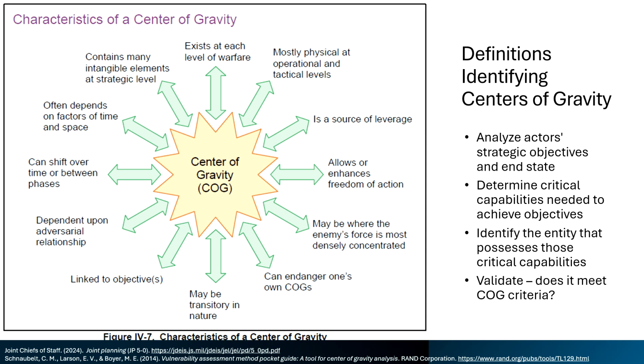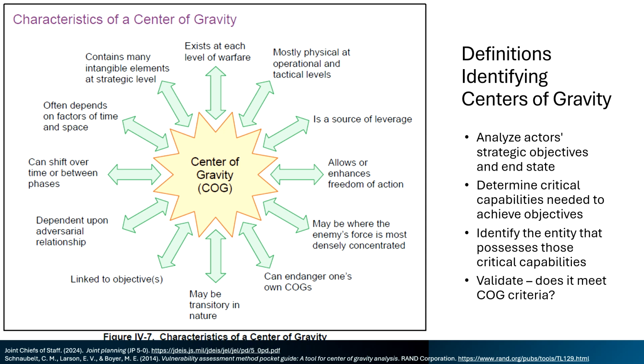From there, we identify their critical capabilities, what they must do to reach their objectives. Then we determine what entity performs those capabilities. That entity could be the center of gravity. But we must test our thinking. If this element were neutralized or removed, would it stop the adversary from reaching their goal? If the answer is yes, we have likely identified the correct center of gravity.